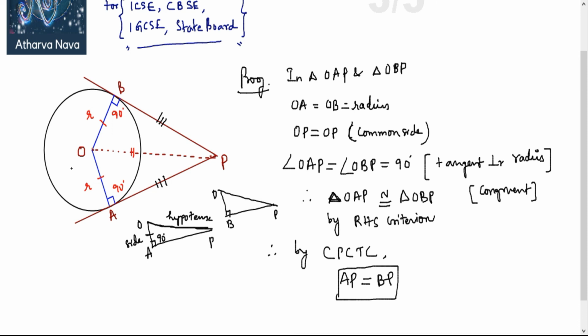This was the property that we wanted to prove. So that's the reason the tangents drawn externally from a point will be equal. The tangents drawn to the circle from an external point will always be equal. This is the property. Okay?